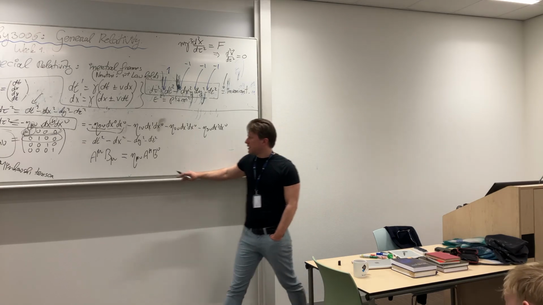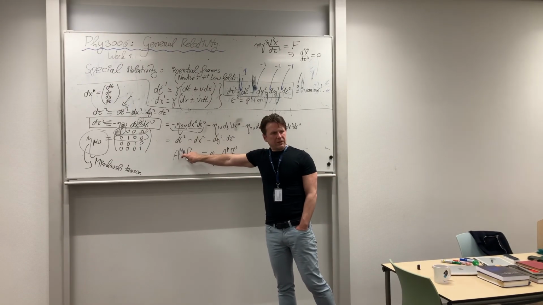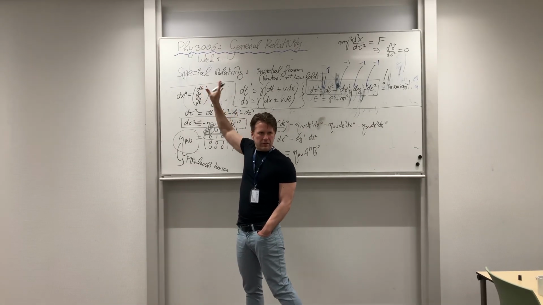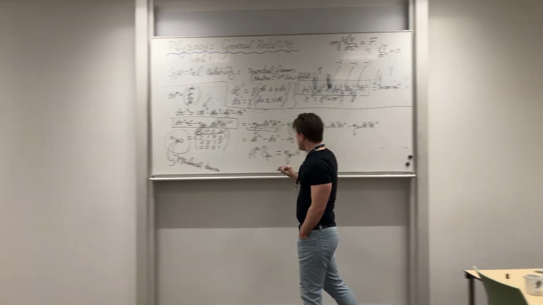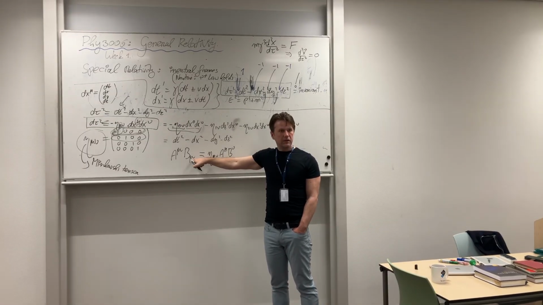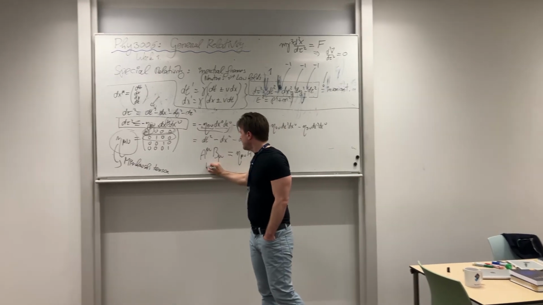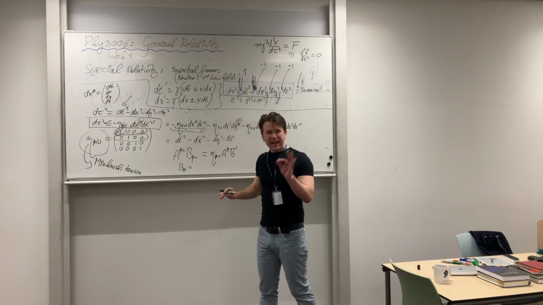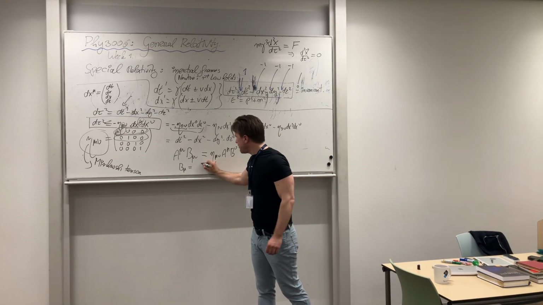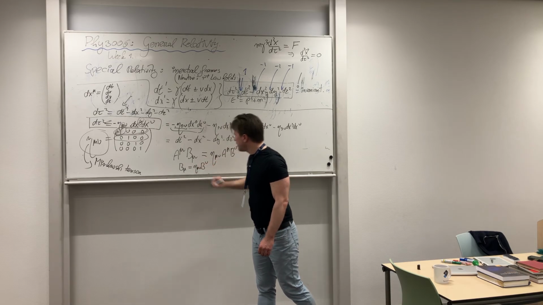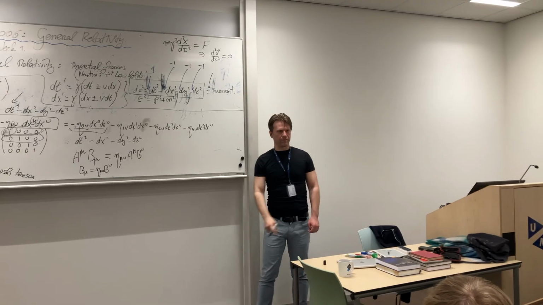If you have an object with the index up, it will look like something like this: 4 coordinates. If you have one with an index down, like we have here, definitionally it means the following: an index down is by definition the same as a thing with an index up, and then with this tensor in between.